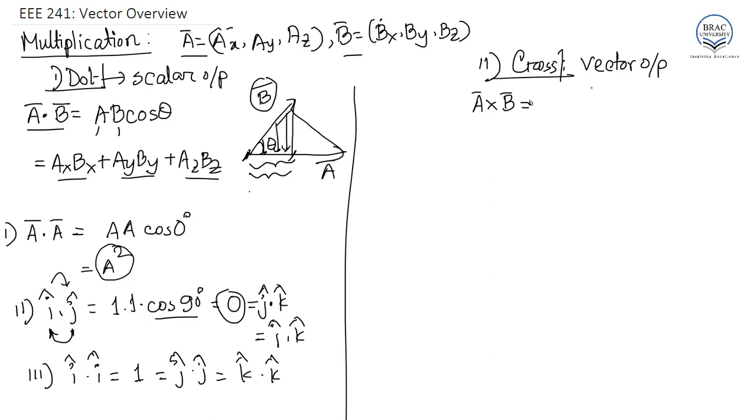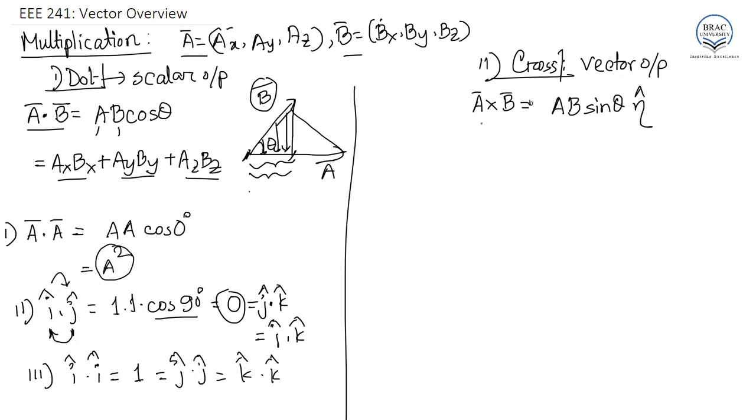Now if we get to the other one, the cross product, it will give you a vector output, and the formula goes like AB sine theta and a unit vector.